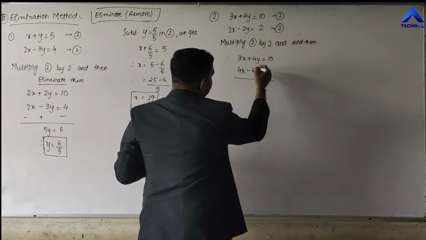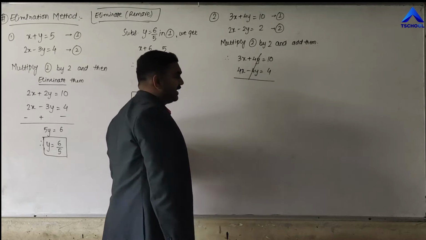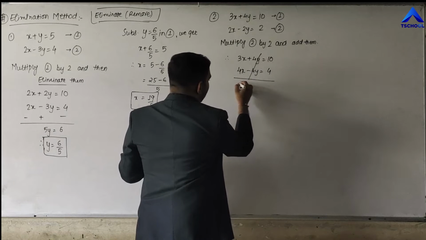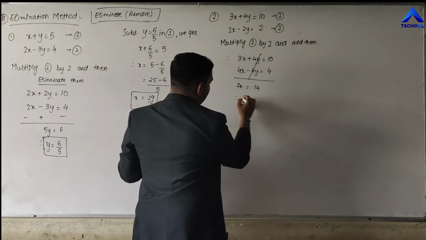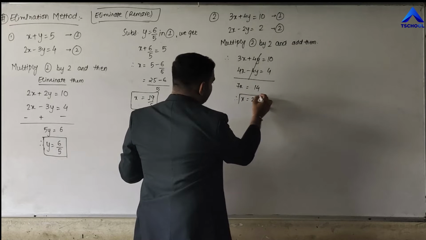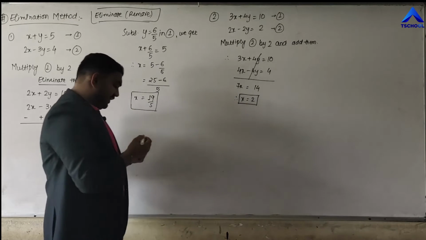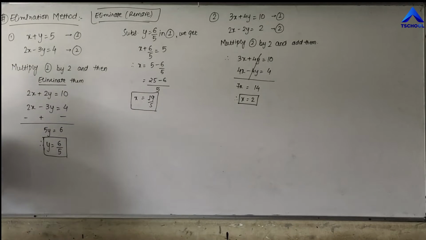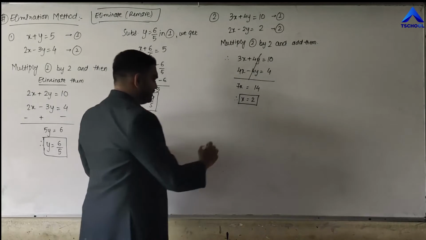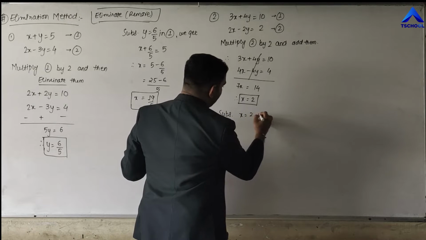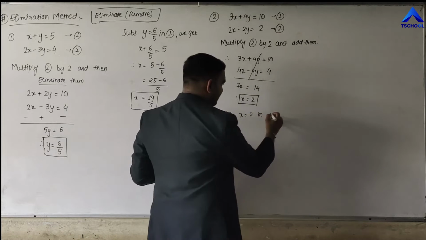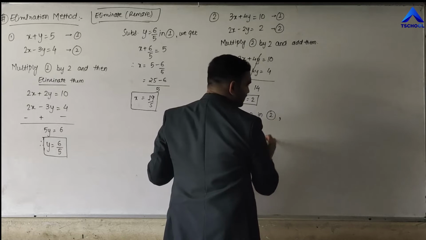Now if I add, this 4y and 4y will be cancelled. So 3x plus 4x, that is 7x, equals 10 plus 4, that is 14, and hence we get x equals 2. So we got the value of x here. Now substitute x equal to 2 in either of these equations. Let us substitute it in equation number 2.